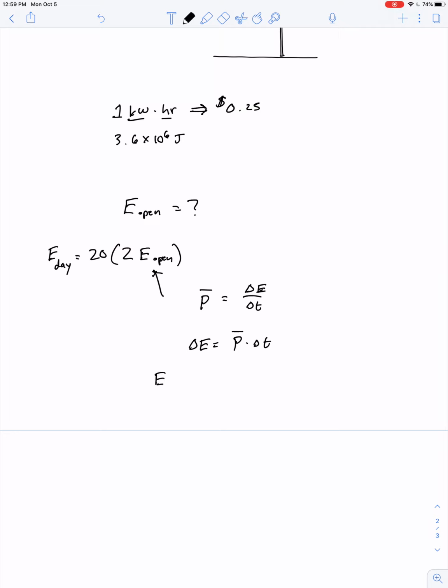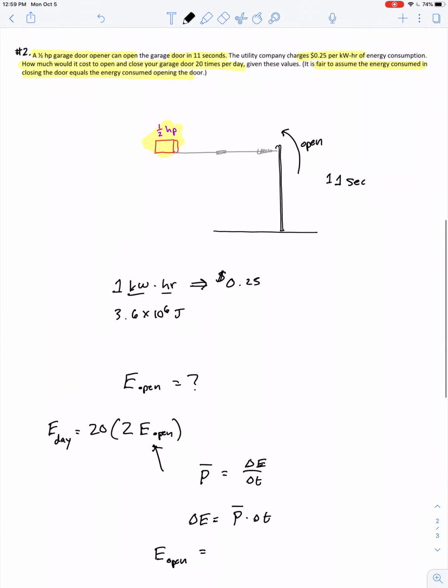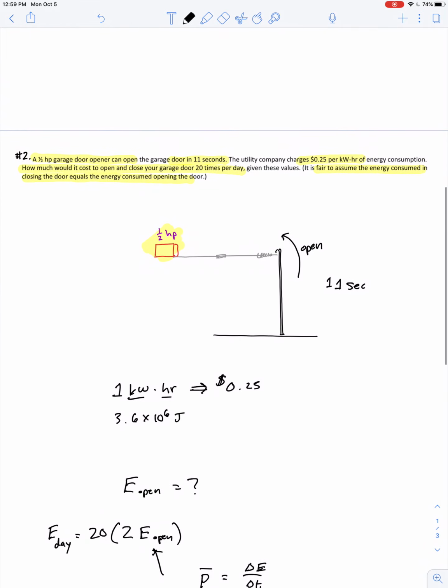So the energy it takes to open the garage door is equal to, let's see, we have to do another unit conversion, don't we? 1/2 of a horsepower would be the same thing as, well, we just need to divide 746 by 2. So we can say a 1/2 horsepower garage door opener is a 373 watt garage door opener.